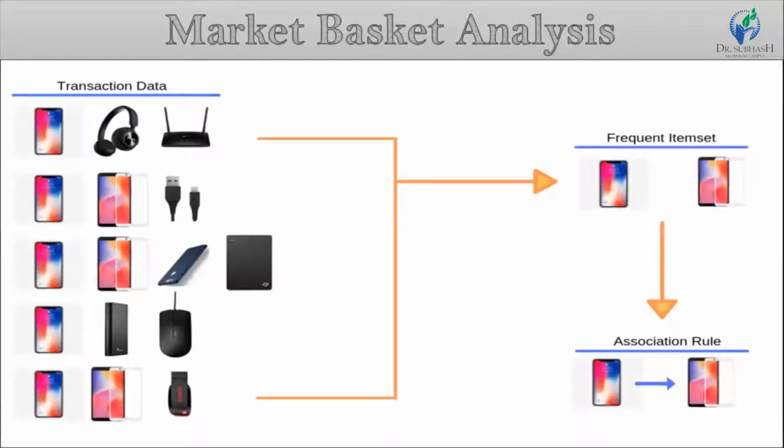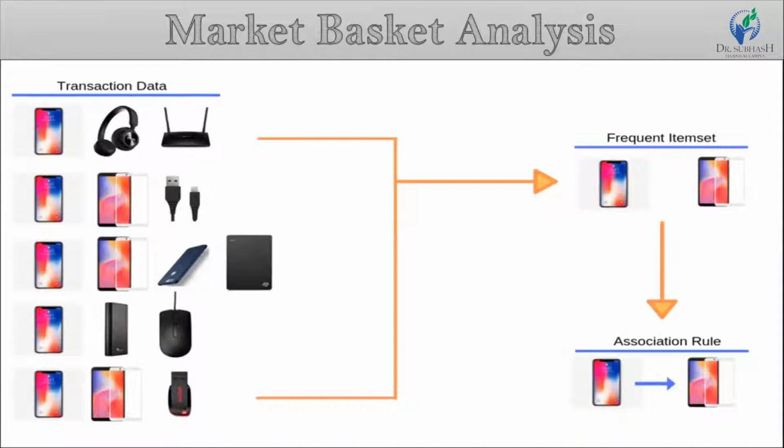Now, see in the figure, we all know the two important steps in market basket analysis. The first step is frequent item set generation, and the second step, based on step 1, is the generation of rules.